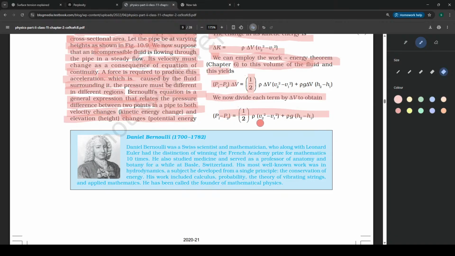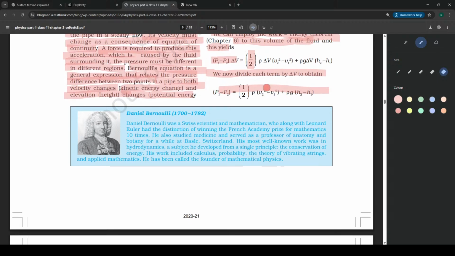Now again we divide by delta V, which is common on all of these. We will get this equation. The pressure difference is equal to this.